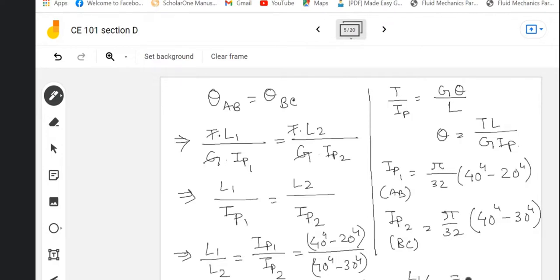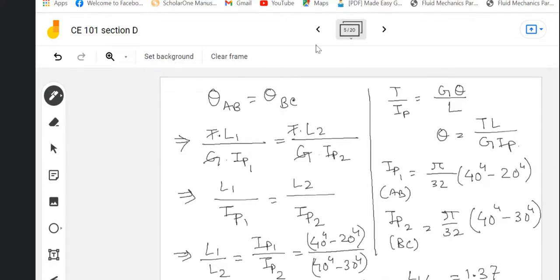How much is it coming? 48 by 35, in decimal 1.37. Very good. So now we know that L1 by L2 is 1.37. We need one more equation to find L1 and L2.